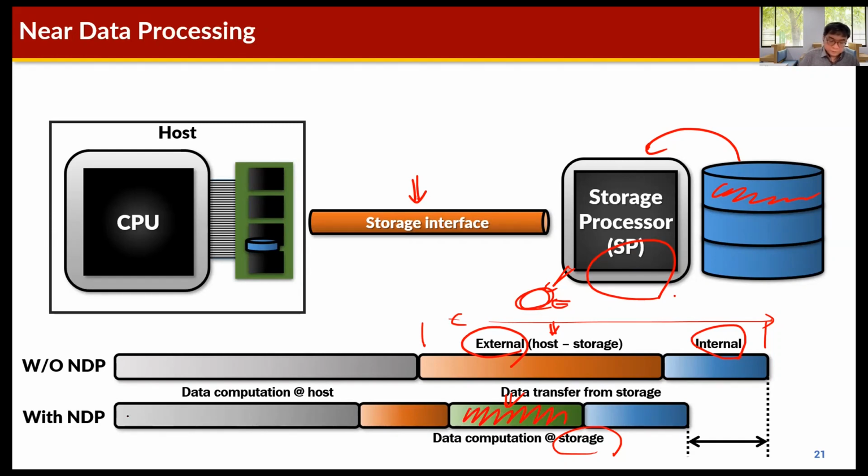And then the entire execution time includes the data computation at host, and then external data transfer time, then data computation time at storage, and then the data transfer from storage. And then if the sum of this time is less than the without NDP case, then we can improve the performance.